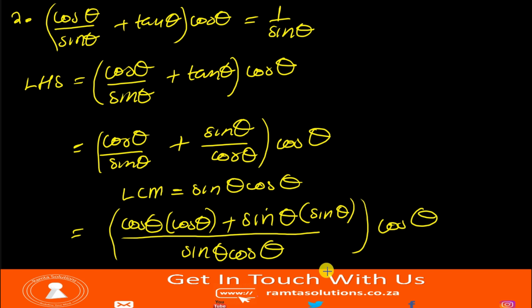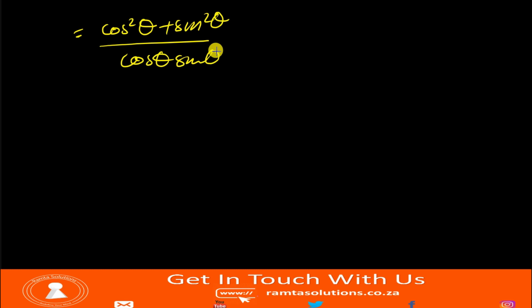Do not forget they are all multiplied by cos theta. Proceeding, it means we have cos square theta plus sine square theta all over cos theta sine theta, all multiplied by cos theta. Now let me show you something. This cancels with this. Now what are you left with? You are left with this.